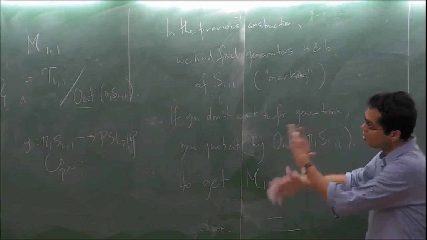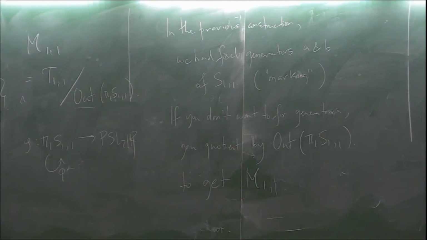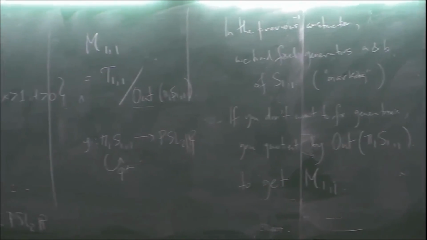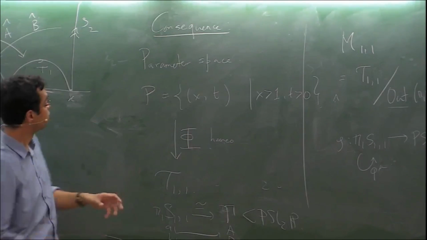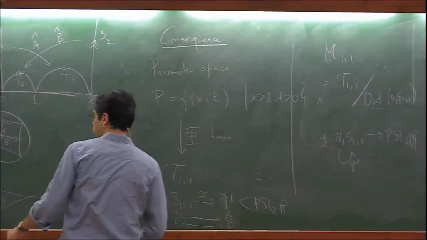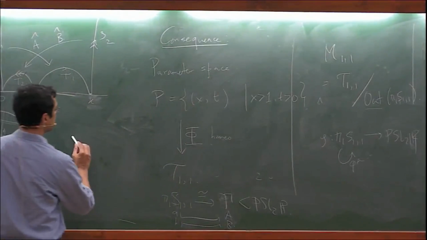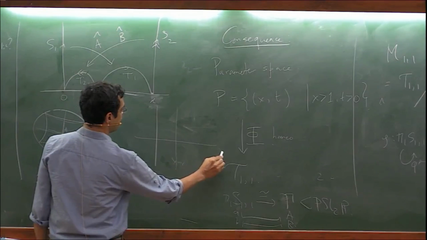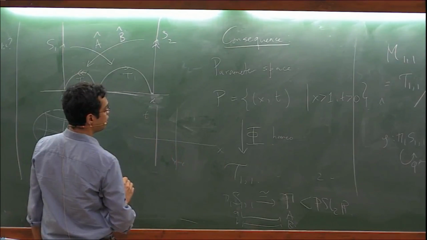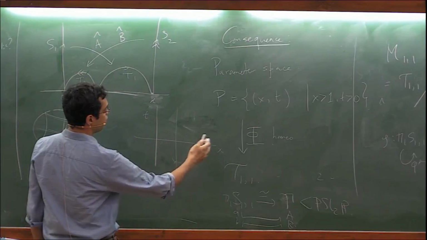And you can see this. We know a lot about what automorphisms of a free group look like, so you can write down explicitly, if I had more time to do that, how they take the pair (x, t) to another pair (x', t'), which you identify to get moduli space. So this parameter space in (x, t) coordinates looks something like this: x equals 1, this is x, and this is t, so x greater than 1 and t greater than 0.